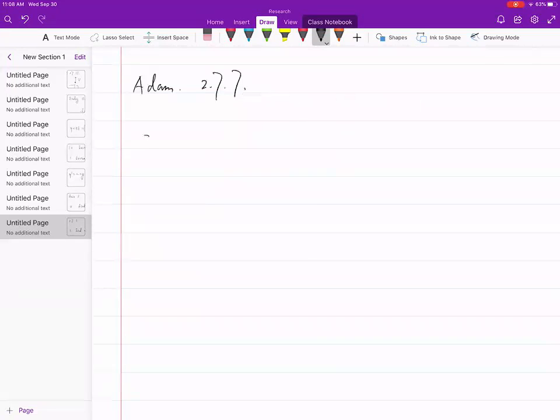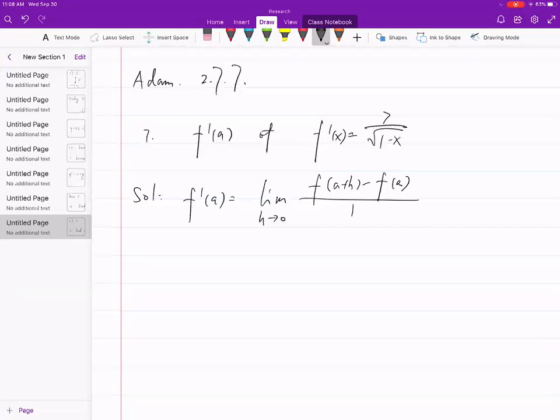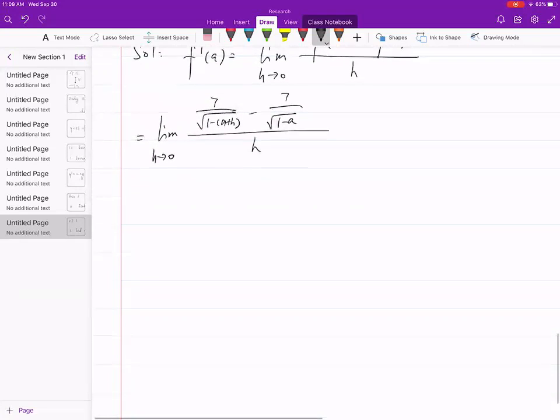Find f prime of a, by the definition. The rest is just going to be algebra.